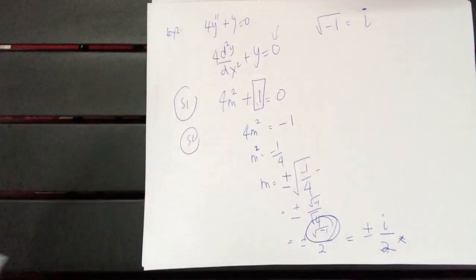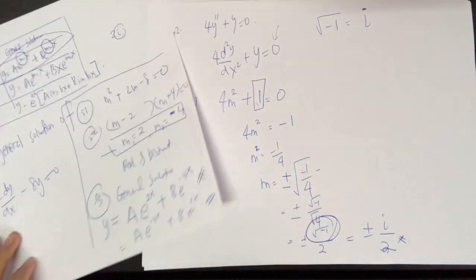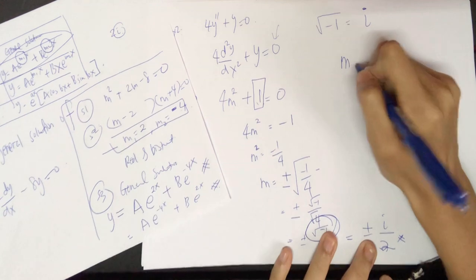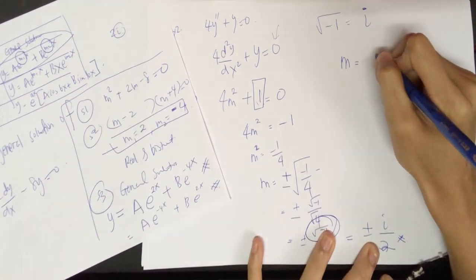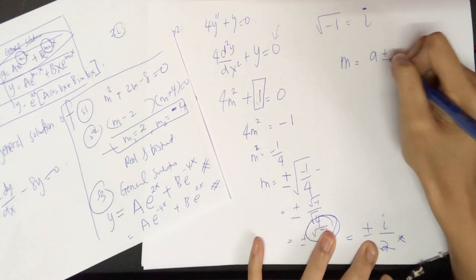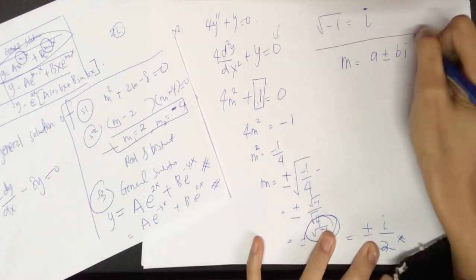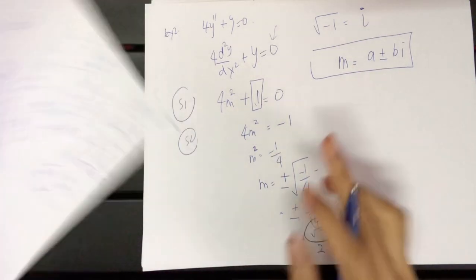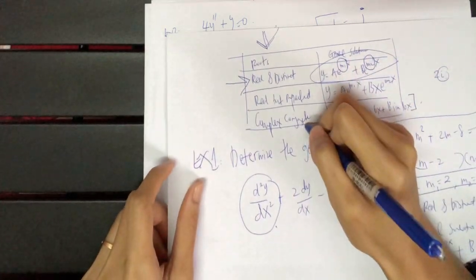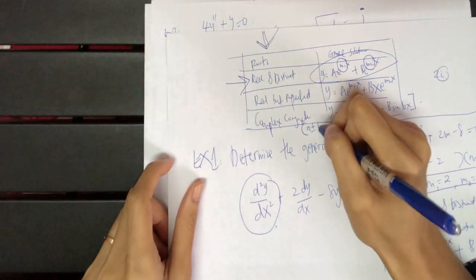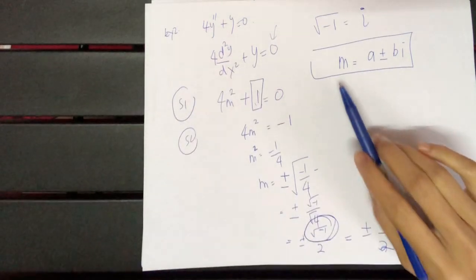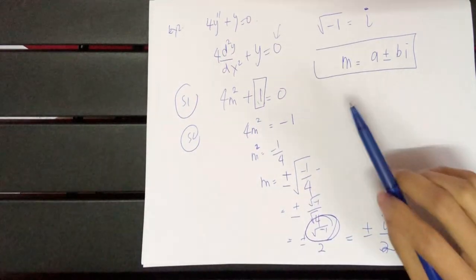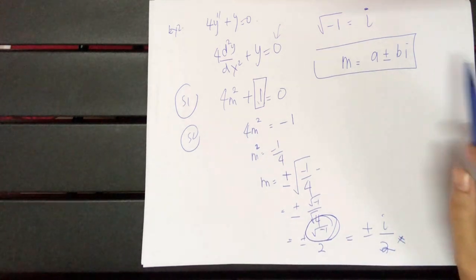But how do we find the m? This is the m. So now, how do we write it? m is equal to a plus minus bi. For complex conjugate, this is how we write our m.